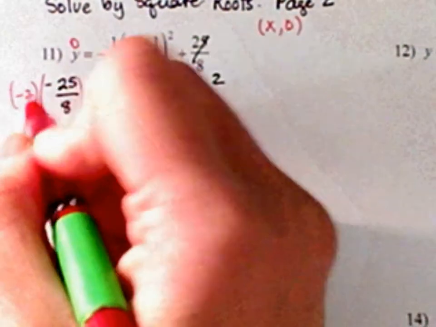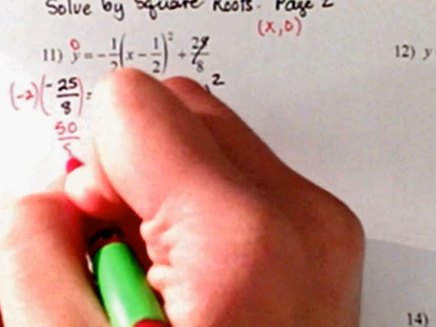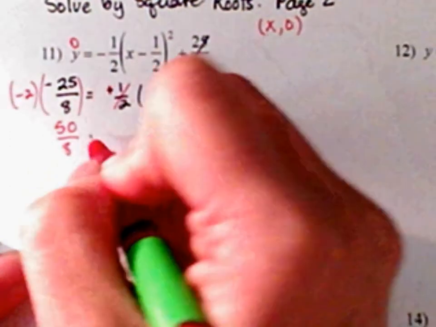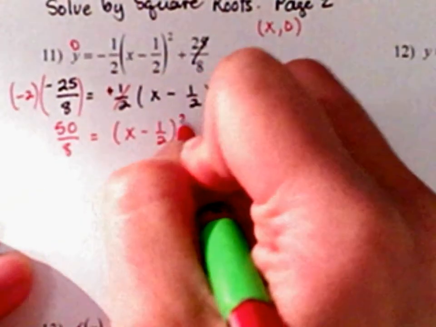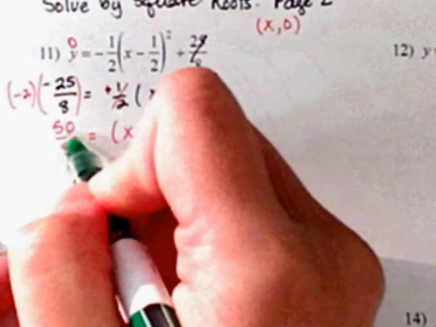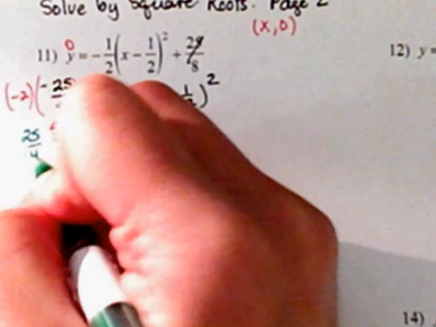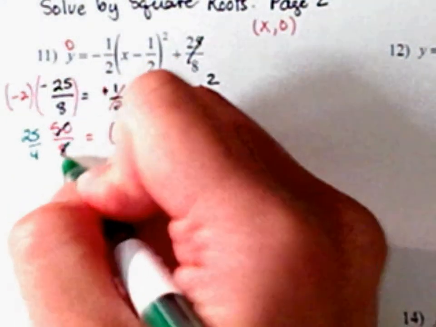So now you have negative 2 times negative 25, which is 50 over 8, which is equal to (x minus 1/2) squared. And 50 over 8 is the same thing as 25 over 4. I'm going to simplify it so I can make my number smaller.